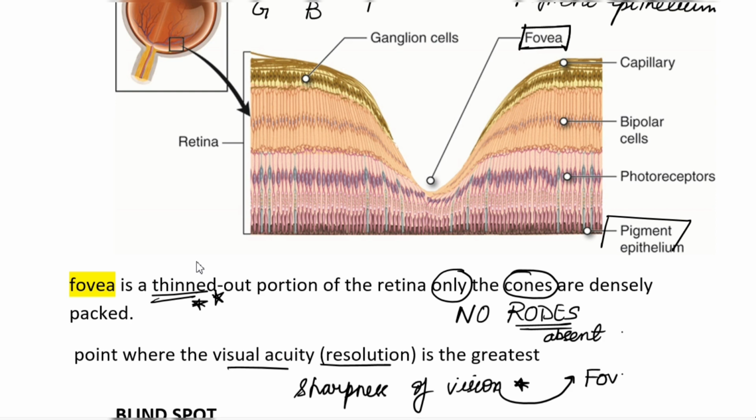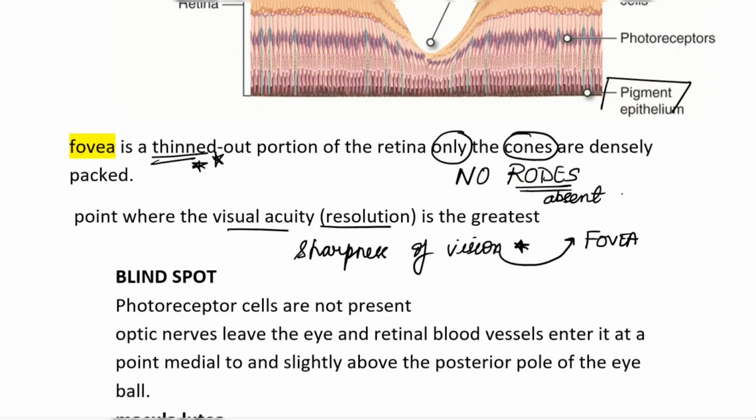Blind spot is the next topic. Blind spot is a point which is medial and slightly above the posterior pole of the eyeball. Medial and slightly above the posterior pole. This is very important. From the very term blind spot, we know that there's no visual activity taking place here, which means both rods and cones are absent.